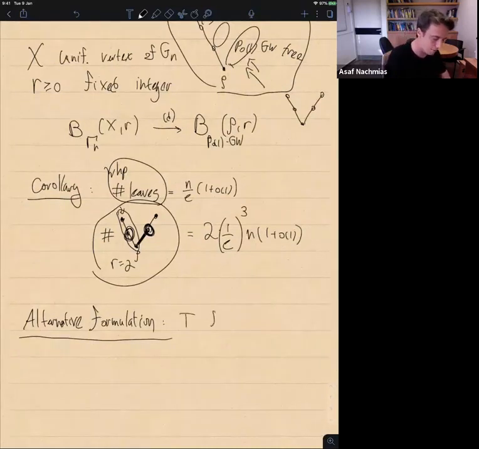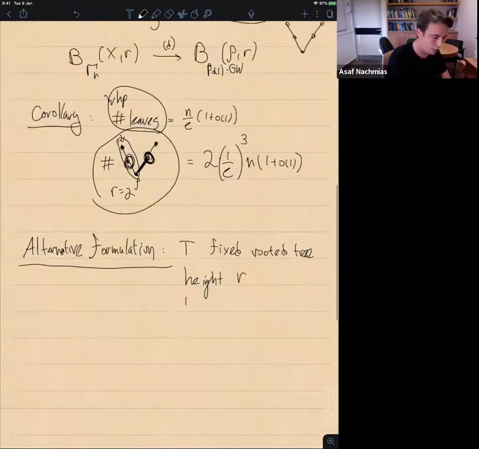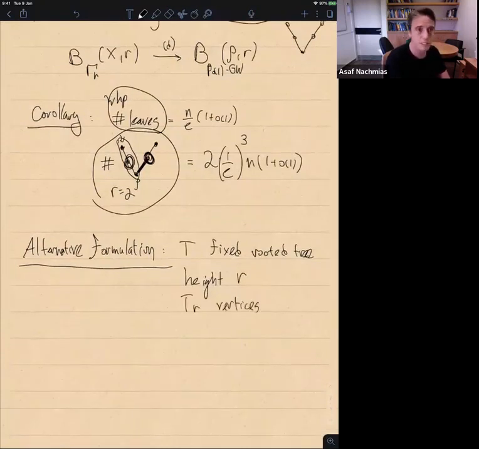So T is a fixed rooted tree, height R, and T_R is the set of vertices of T at distance R from the root. Right, the fixed tree T is a rooted tree. It comes with a root.